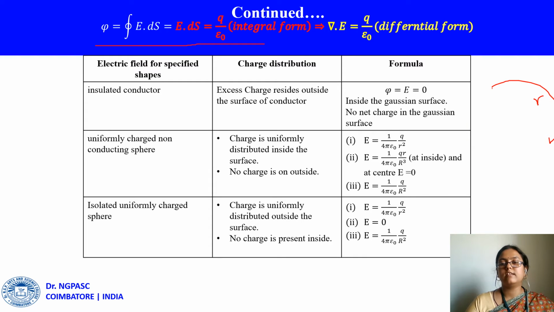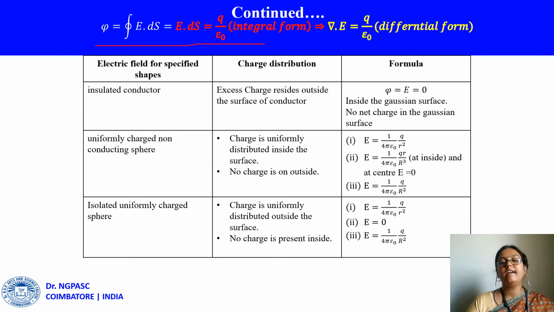And then if we consider the surface, it will be 1 by 4 pi epsilon naught q by capital R square, where capital R is the radius of the sphere itself, and small r is the radius of the Gaussian sphere. Similarly, for an isolated uniformly charged sphere, the same electric field values will come, with slight changes.